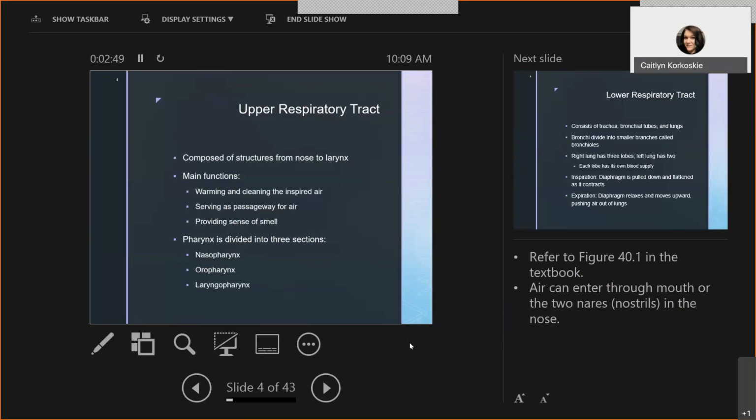Part of what the respiratory system is supposed to do, when breathing in through your nose and into your larynx, is help warm that air so it doesn't cause inflammation in your lungs. The pharynx is divided into three sections: the nasopharynx, oropharynx, and laryngopharynx. So basically your nose, mouth, and throat, which is how we breathe in.